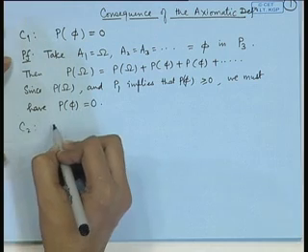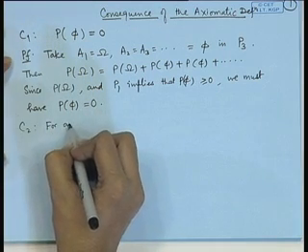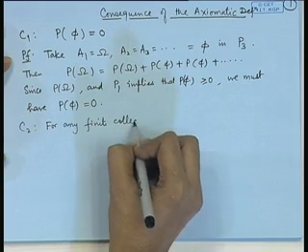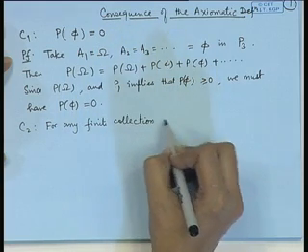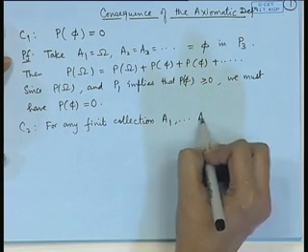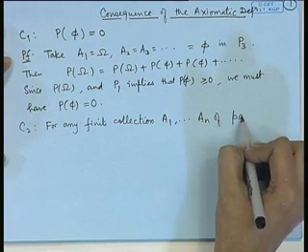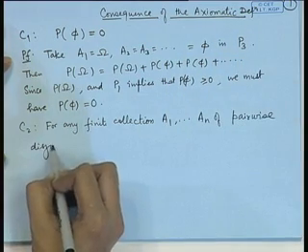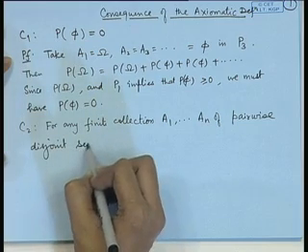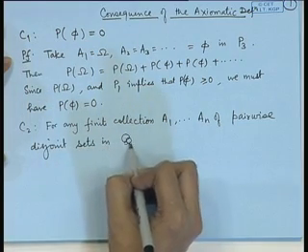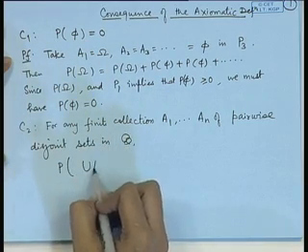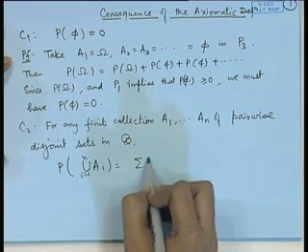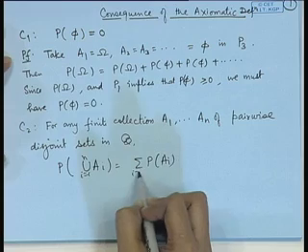The second consequence is that for any finite collection A1, A2, ..., An of pairwise disjoint sets in B, the probability of the union of Ai, i equal to 1 to n, is equal to the sum of the probabilities of Ai, i equal to 1 to n.